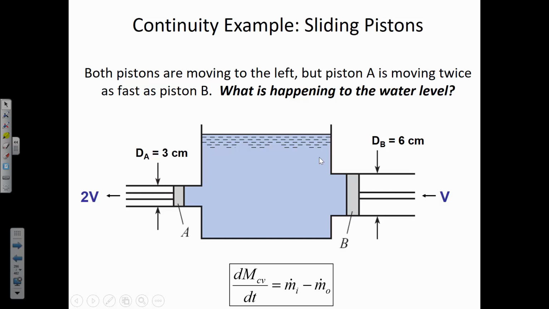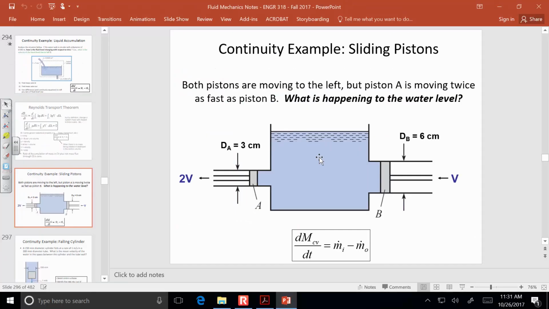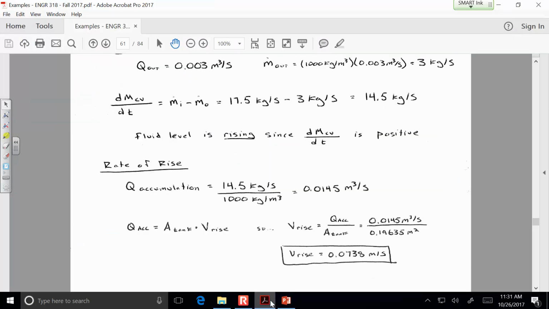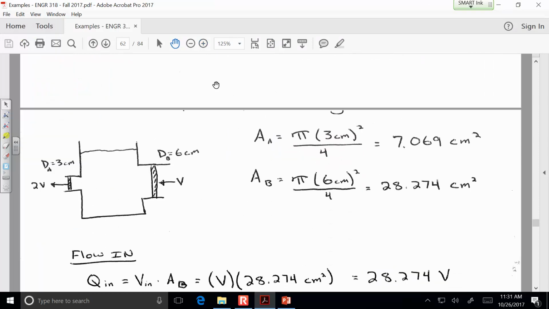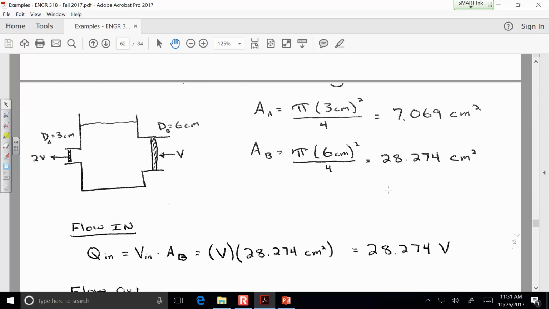Just as a proof of that, let me show you. We could calculate the area of both of those cylinders that are either pushing water in or drawing it out. The area at B, although it has double the diameter, has 4 times as much area.